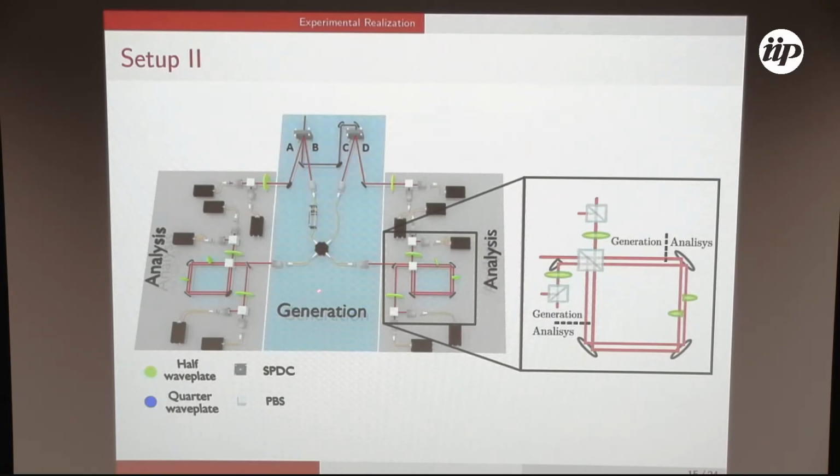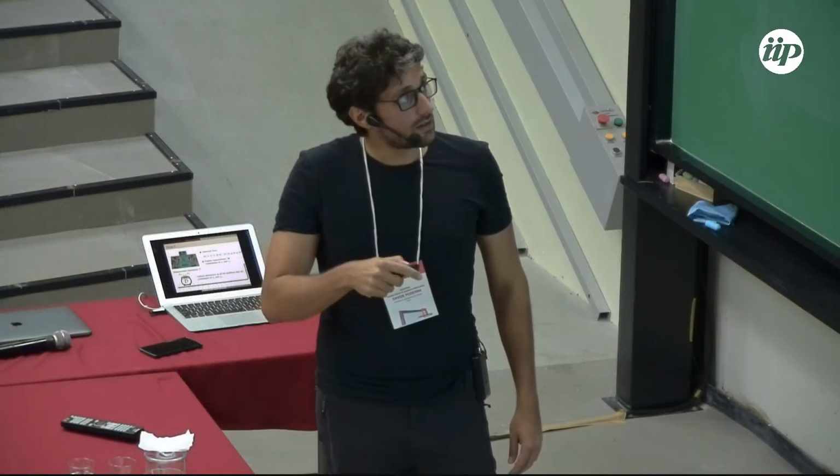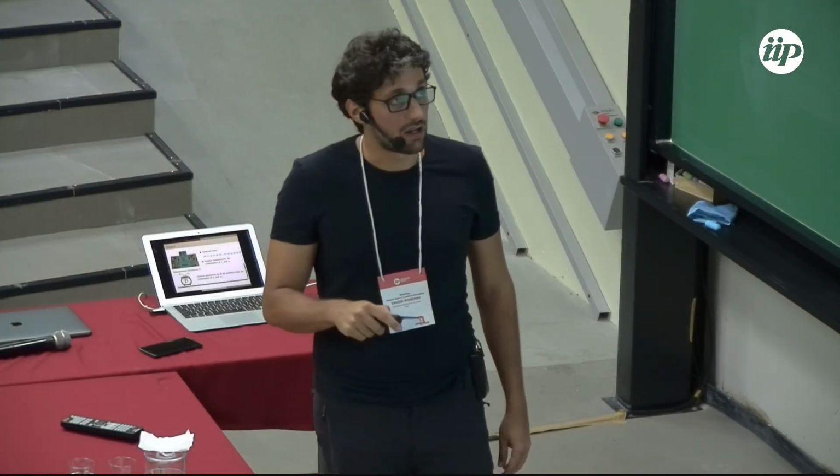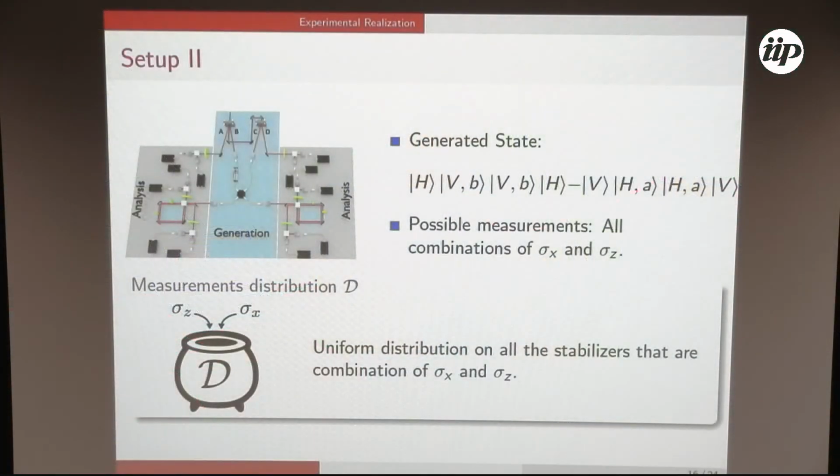And then we further increase the dimension of the state by entangling polarization and path degrees of freedom using these Sagnac interferometers, which act both as a generation device and analysis device, while retaining a good phase stability. So with this setup, we can generate this state. H and V are horizontal and vertical polarization, while A and B represent the two paths in the Sagnac interferometers.